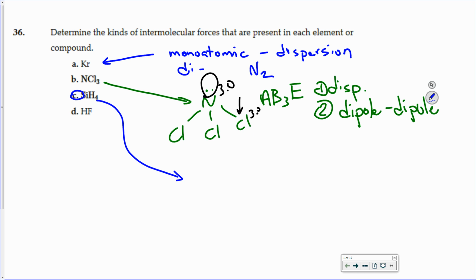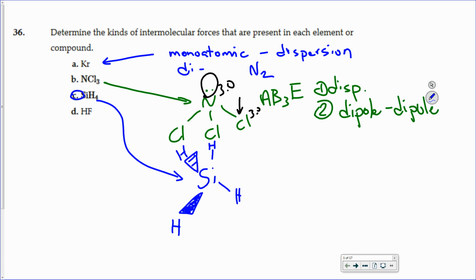So that's the way silicon is going to be found. If I look at its formula and represent it in 3D, it's a tetrahedron. So I've got 2 in the plane, 1 going back into the board, and 1 coming out of the board.